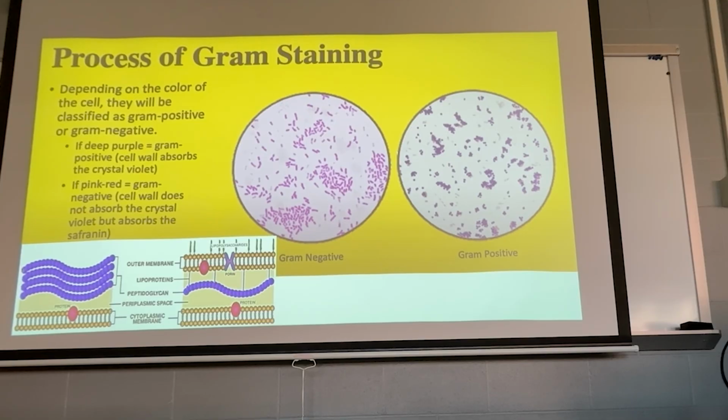You don't pick up the purple stain at all, really, and you only pick up the pink stain. And that's why you look pink instead of purple. So all gram-negative bacteria have a thin cell wall. All gram-positive bacteria have a very thick cell wall. Pretty simple. And so we can group them arbitrarily by positive and negative gram staining.